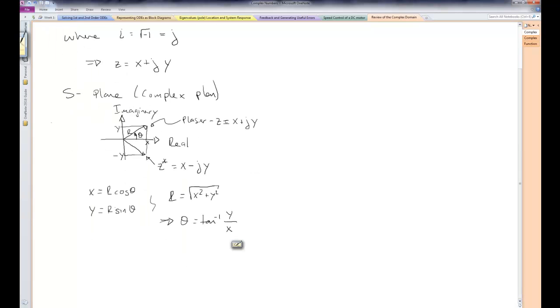Using these ideas, we could also write this in another form. We could make a substitution of x and y into z: r times cosine theta plus j times r sine theta. That's just r times cosine theta plus j sine theta. And we can use Euler's formula.